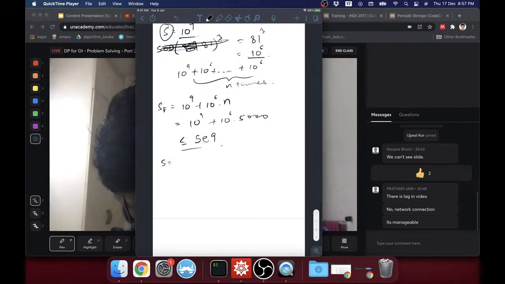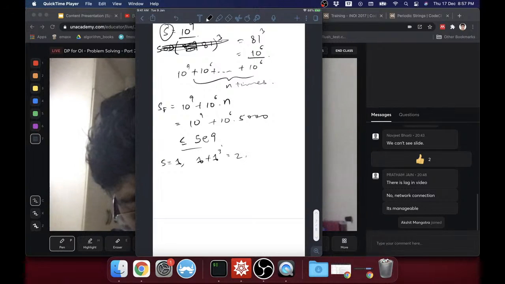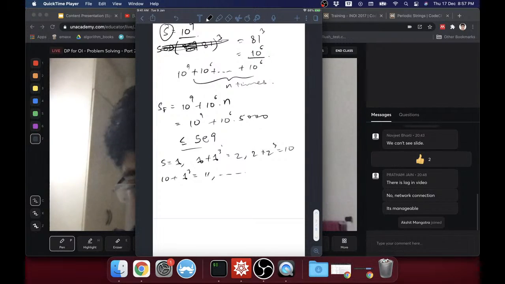Like initial strength is 1, then it will become 1 plus 1 cube, which is 2, then 2 plus 2 cube, which is 10, then 10 plus 1 cube, which is 11, and so on. When you do it 20 times, it will still be pretty bounded. So then your order n times s max will work fine.